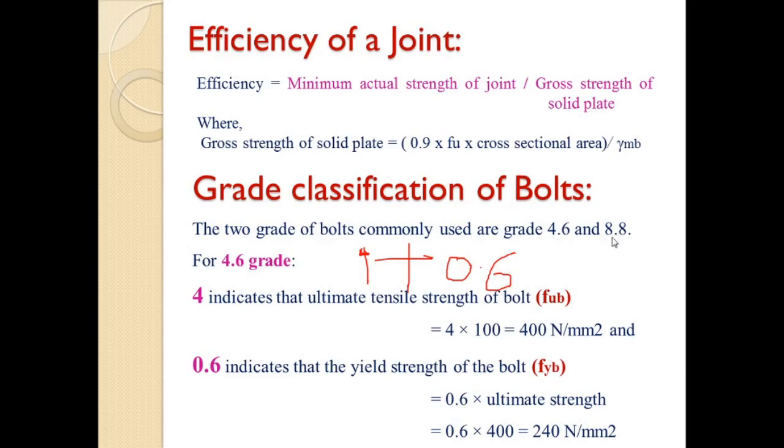Similarly, take another example, grade 8.8. We divide it into 8 plus 0.8. The first 8 indicates the ultimate strength, 8 multiplied by 100, that is 800 Newton per mm square, and 0.8 multiplied by 800 gives 640 Newton per mm square, the yield strength of the bolt. Hope you understand the grade of bolt.